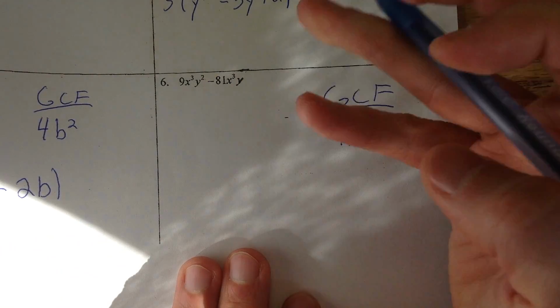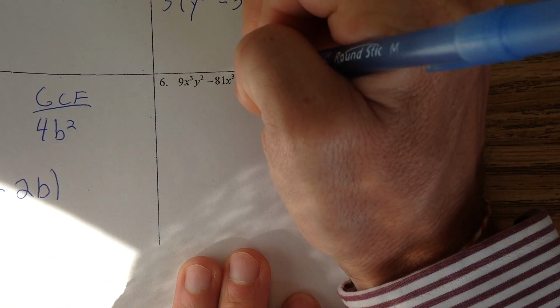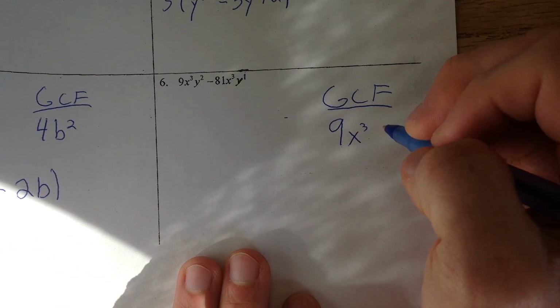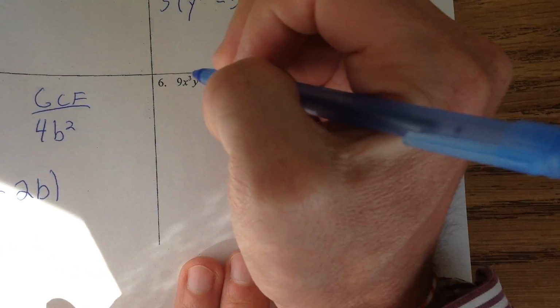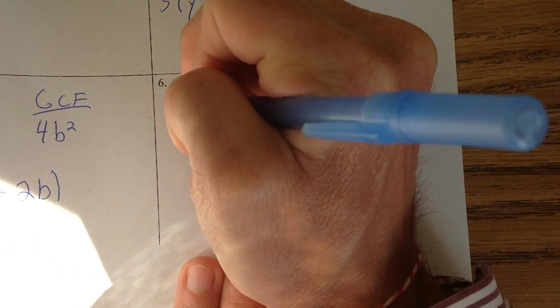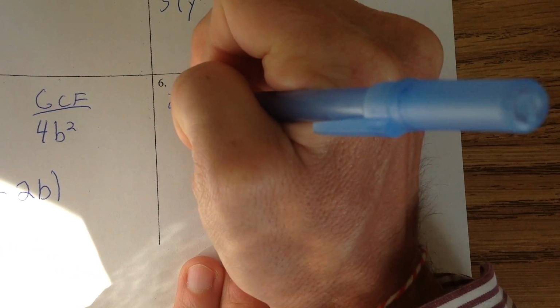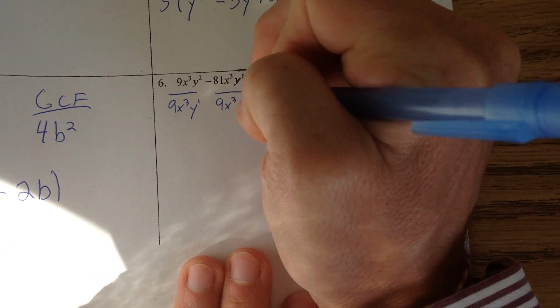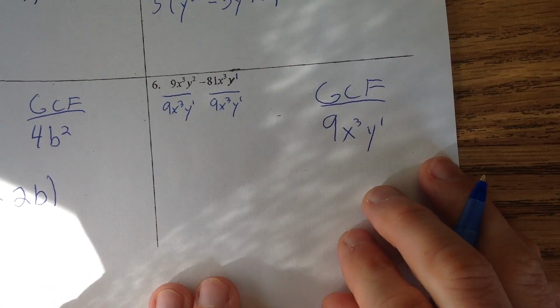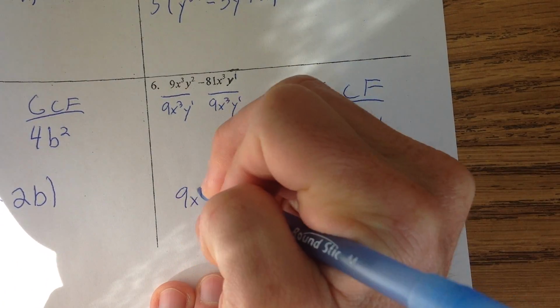And then we have a y squared and a y to the first. We always have to use the smaller of the two. So in that case, this would be y to the first. So each of these is going to get divided by 9x cubed y to the first. All right, so that goes out front.